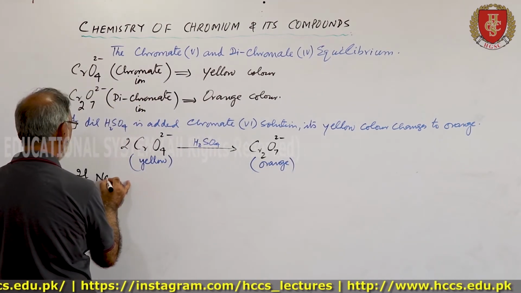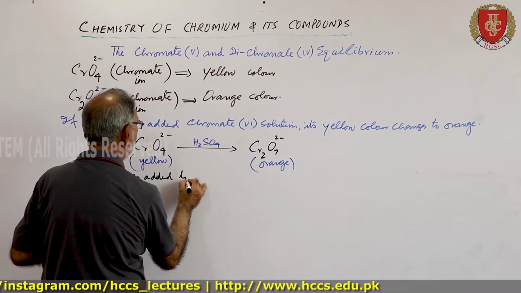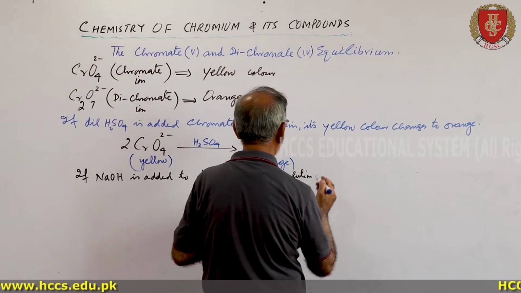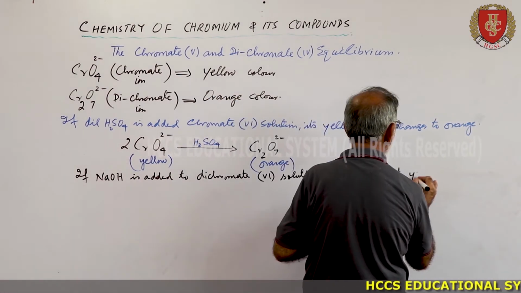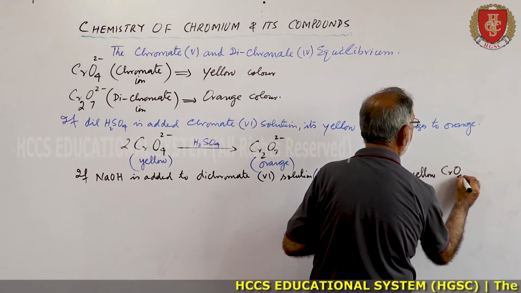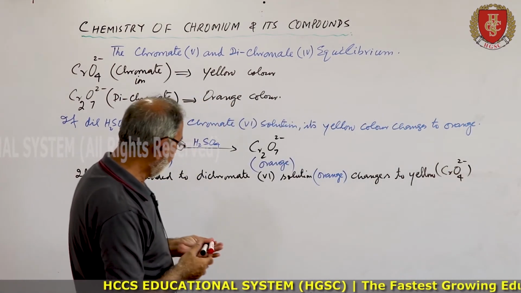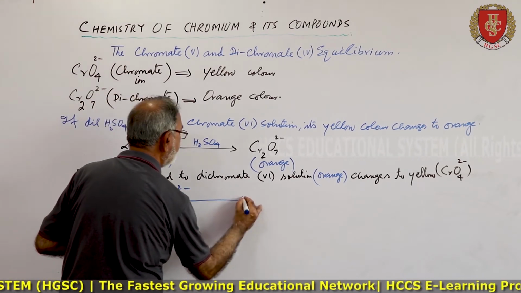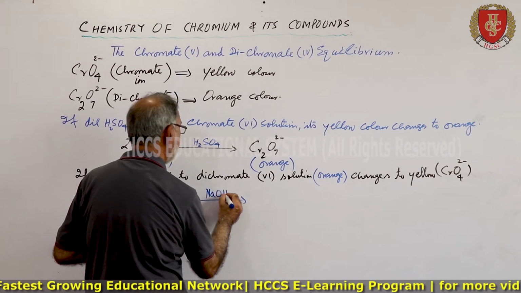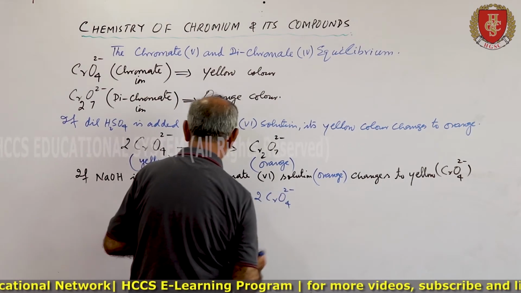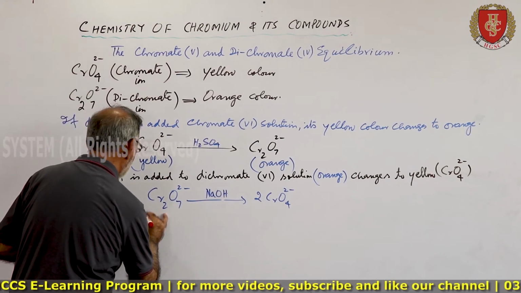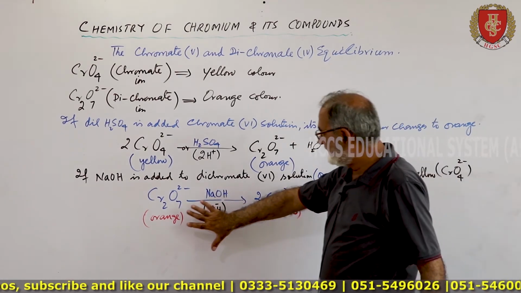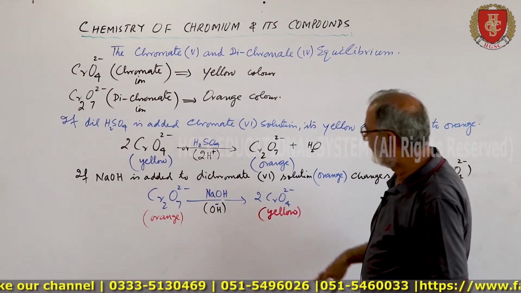If NaOH is added to dichromate solution, which is orange, it changes to yellow, that is chromate 2-. This can be represented as Cr2O7 2- plus sodium hydroxide gives 2CrO4 2-. This is orange and this is yellow. Now this is basically the change of dichromate into the chromate ion.